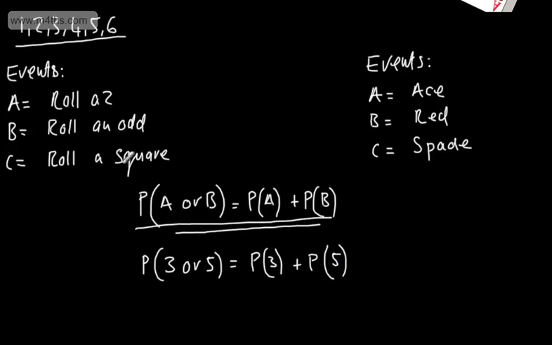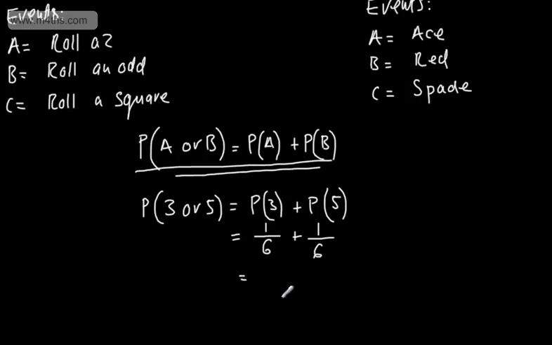The probability of a 3 is 1 out of 6 sides. And the probability of a 5 is 1 out of 6. 1 over 6 plus 1 over 6 will give us 2 over 6. And if we wanted to simplify our answer, we could write it as 1/3.